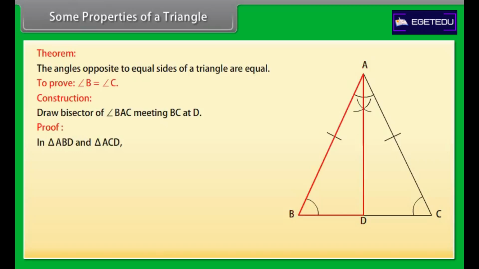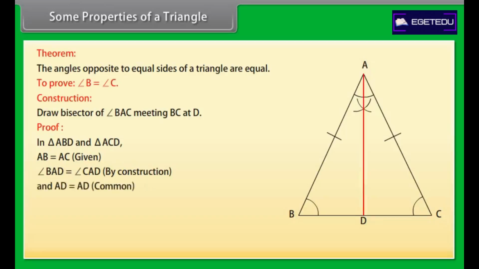In triangle ABD and triangle ACD, AB is equal to AC is given. Angle BAD is equal to angle CAD by construction, and AD is equal to AD common. Therefore, by SAS rule, triangle ABD is congruent to triangle ACD. Hence, angle B is equal to angle C.